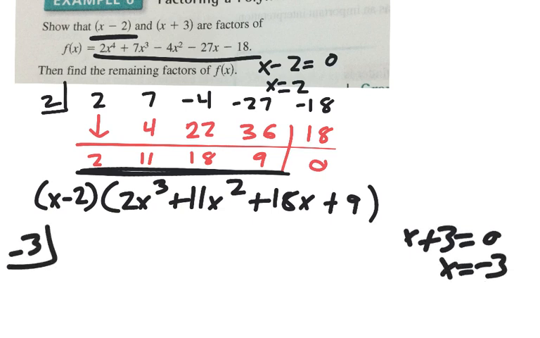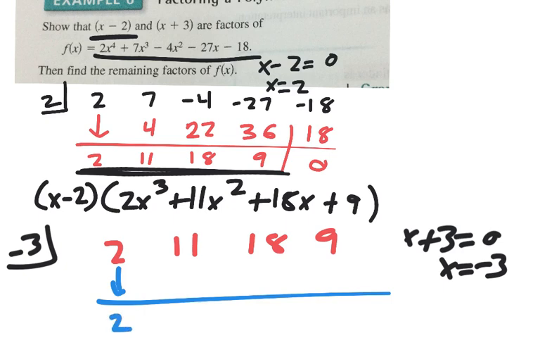So negative 3 goes in my box. Then my coefficients are 2, 11, 18, and 9. Again, straight from the new depressed polynomial. I bring down a 2, and then I do synthetic division. And I got a 0 remainder again.